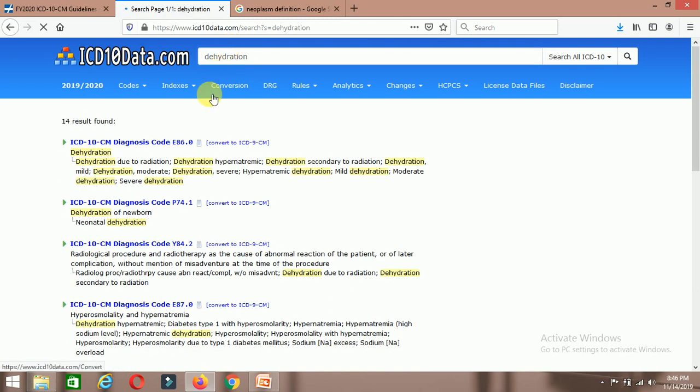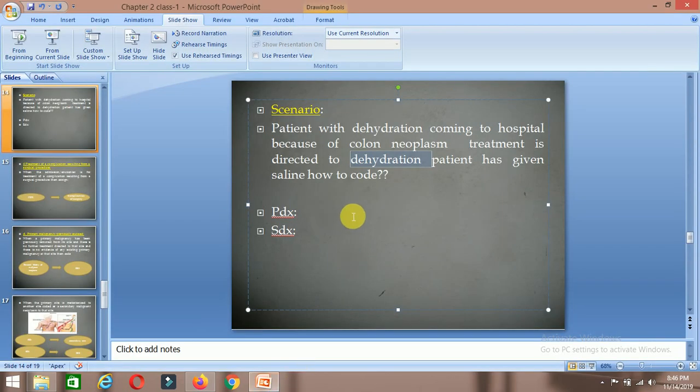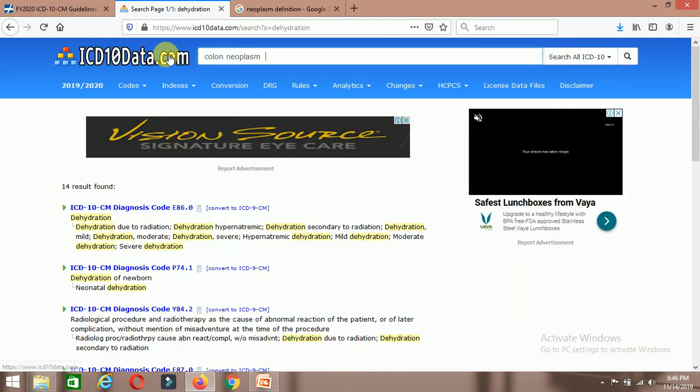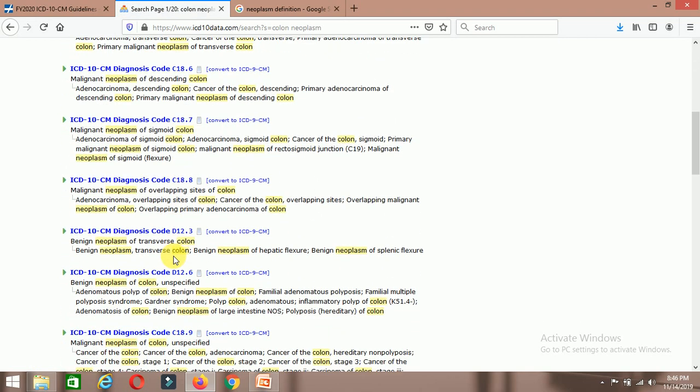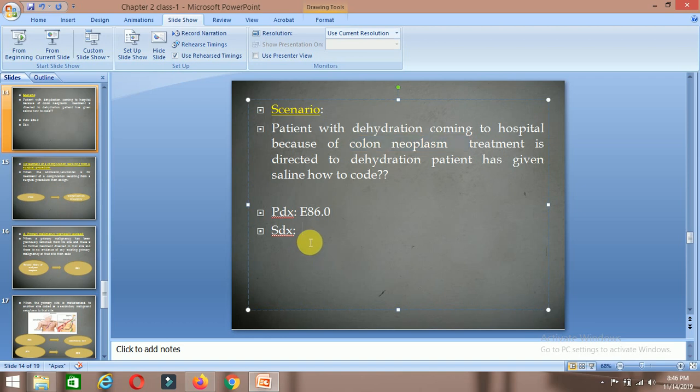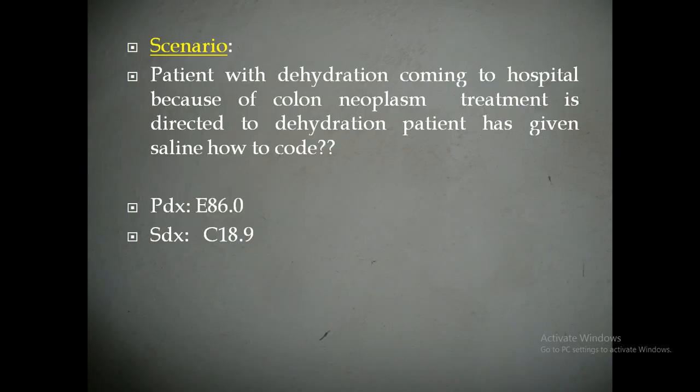The dehydration ICD would be E86.0, and then we have to give the neoplasm ICD also, right? So colon neoplasm ICD, we have seen previously, it's malignant neoplasm of colon unspecified, that is C18.9. So C18.9 we have to give. So like this we have to give the sequencing for a patient who is dehydrated because of the neoplasm, and the treatment is to the dehydration only.